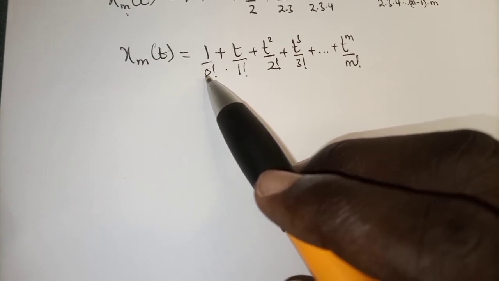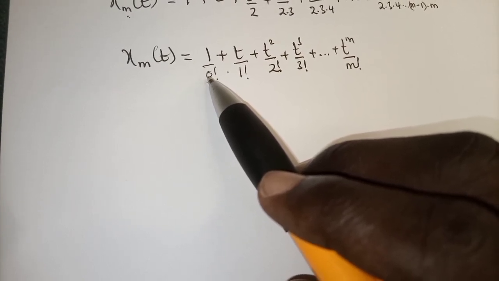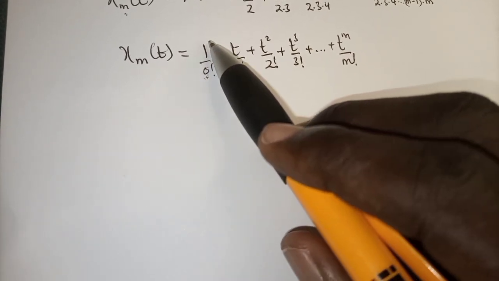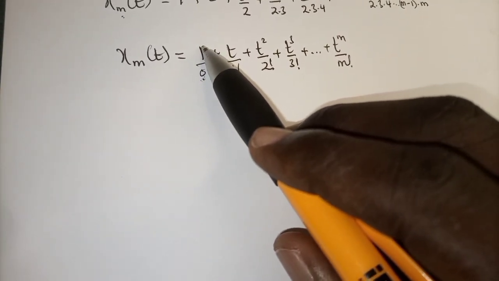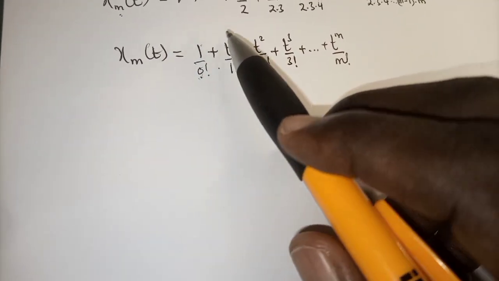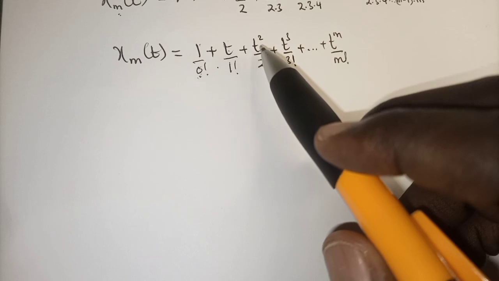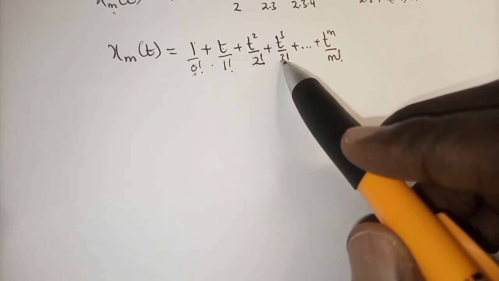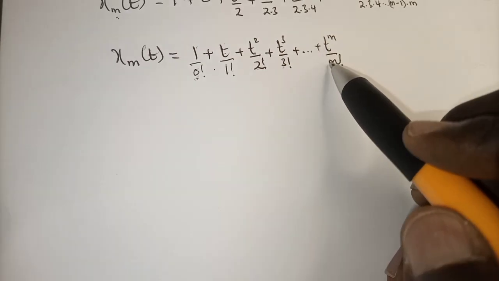Okay, so the factorial element of the denominator is actually the power of the numerator. So here we have t exponent 0 here. Here we have t exponent 1. Here we have t exponent 2, t exponent 3, and t exponent m.